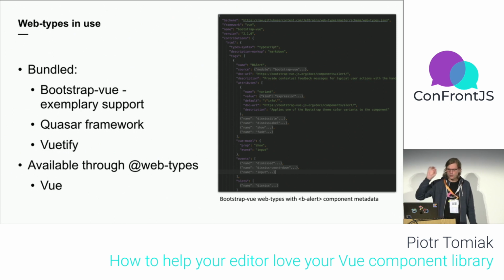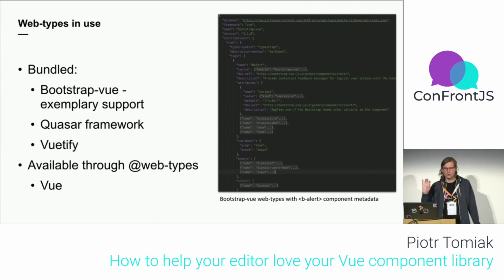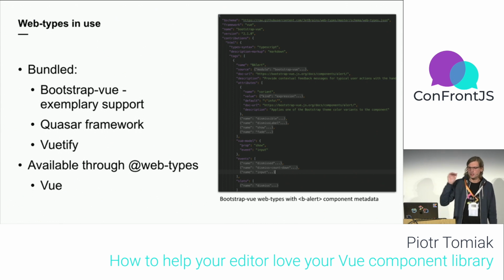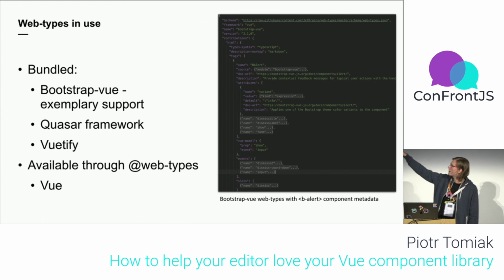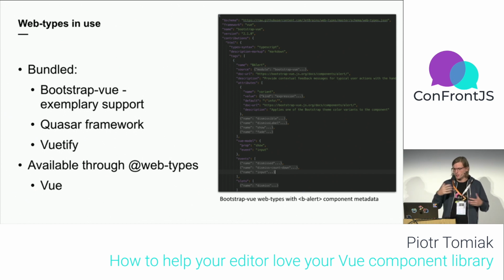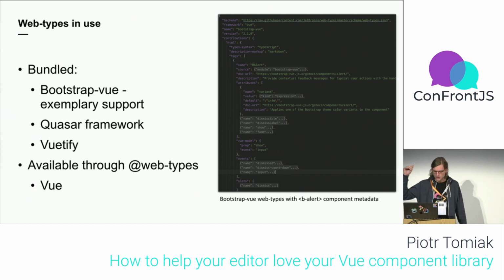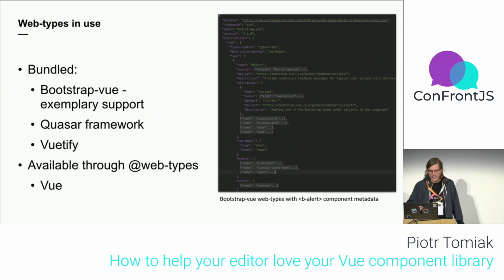And right now, Web-Types are being bundled with Bootstrap Vue, Quasar, and Vuetify. Bootstrap Vue has the best support there. Documentation, URL links. You can see the documentation for the BAlert component, which is really rich in description and all the things. You can see the slot, which is provided by the component.